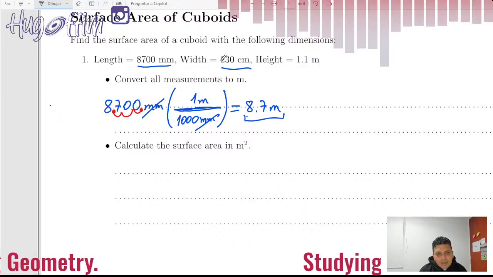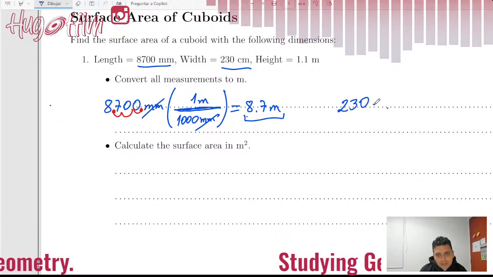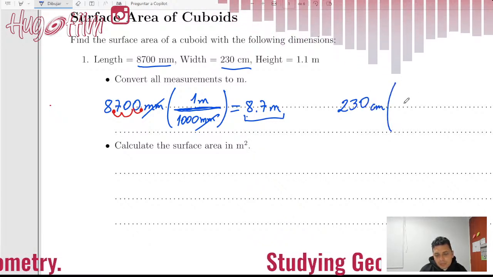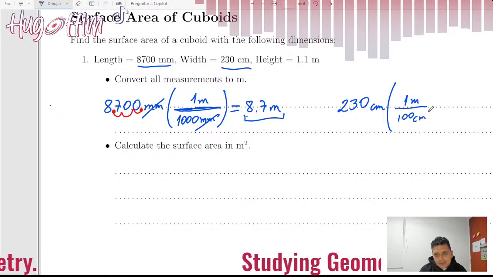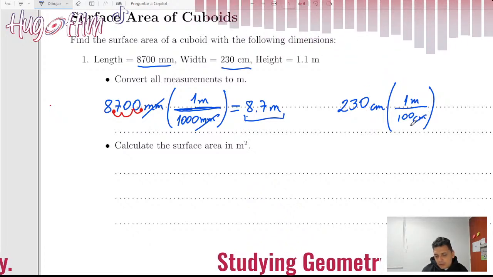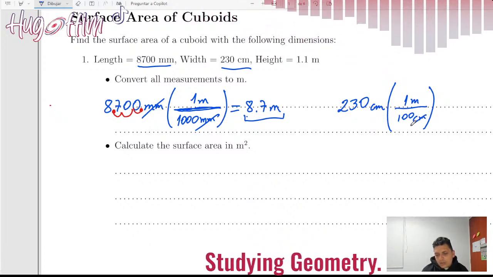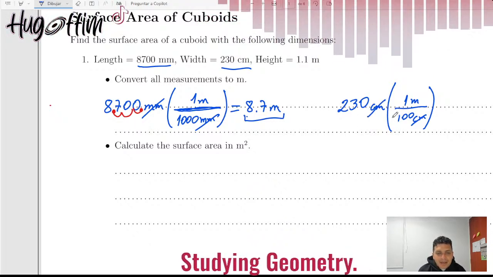And in the second one, I have 230 centimeters. So I'm going to multiply 230 centimeters by 1 meter over 100 centimeters. Simplify the units, and now I need to divide 230 by 100.